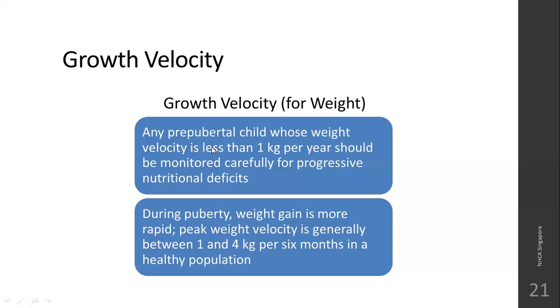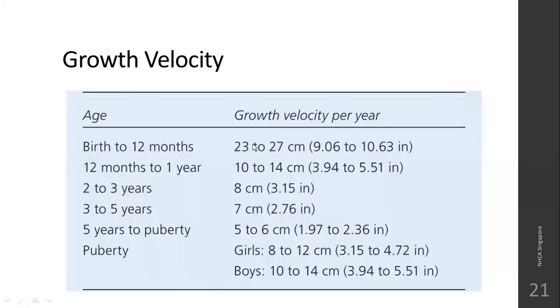Now coming to height. The growth velocity per year, birth to 12 months, 23 to 27 centimeter. Till first year, 10 to 14 centimeters should be the growth. Growth means from the time of birth. Almost the child will be 50 centimeter at birth.